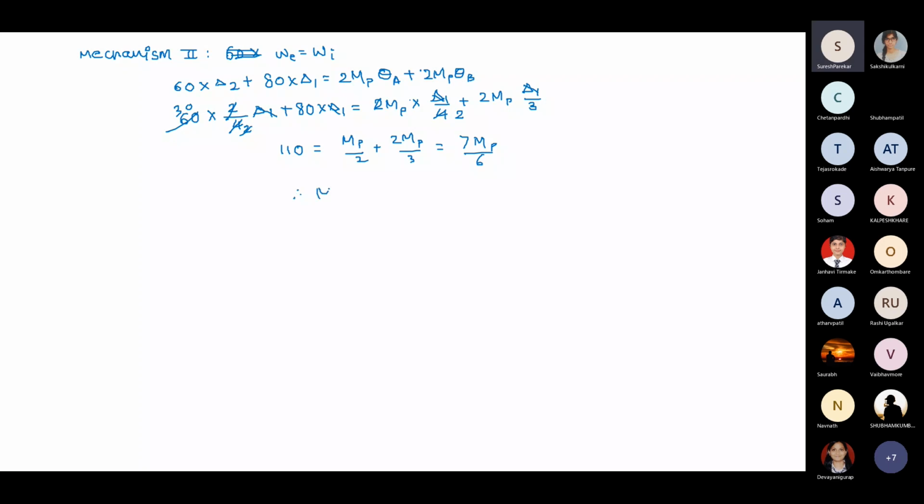And therefore we will get Mp2 is equal to 94.29 kilonewton meter. And Mp is greatest of the two.